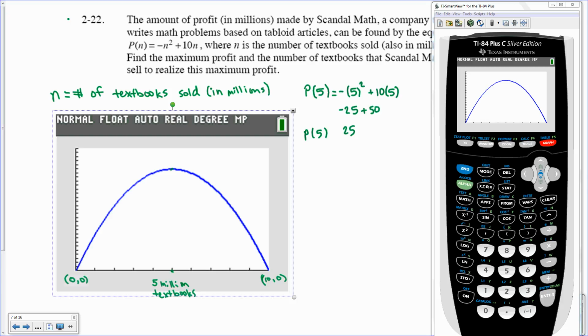So what this really says is, if they sell 5 million textbooks, they're going to make a profit of $25 million. Not too shabby, I'd take it.